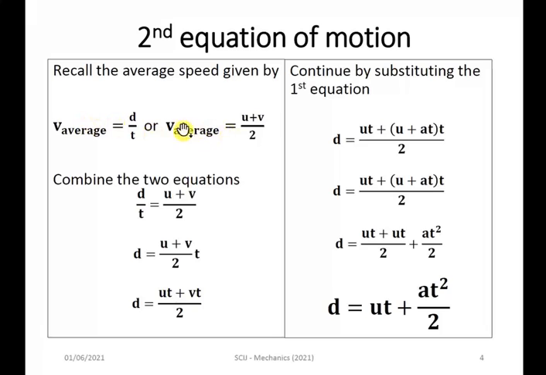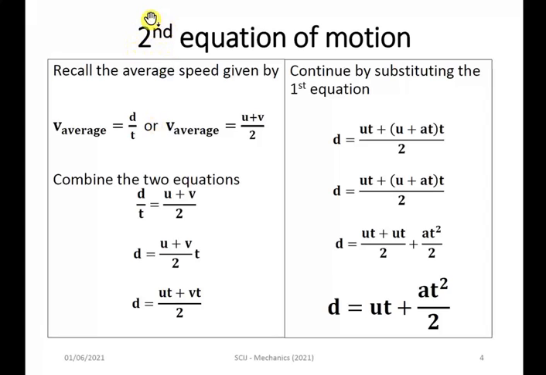So these are the alternative equations for finding the average velocity. What it means is that we can put them together. This average velocity here can be substituted. In other words, this d over t is the same as (u + v) over 2. That's what we've written here.